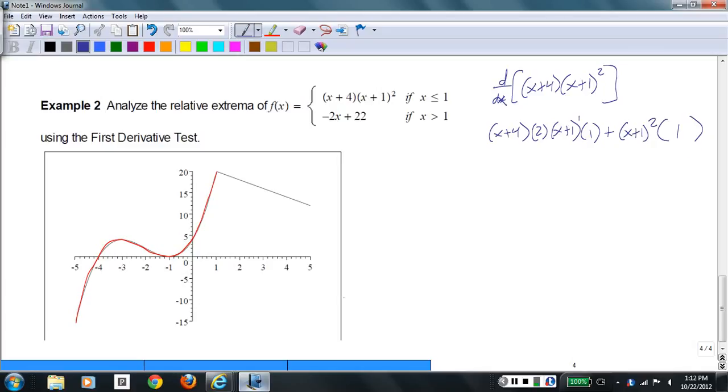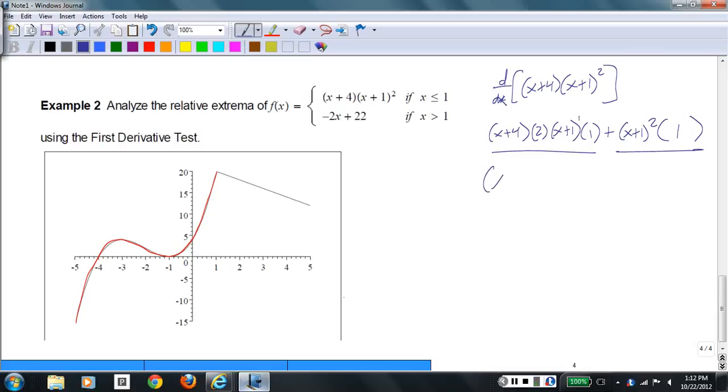Now, let's clean this up a little bit. This expression and this expression, two components of the entire derivative, each have a factor of x plus 1. So my suggestion would be, as we're cleaning this up, rather than clearing parentheses, we take advantage of the fact that we see that common factor and we factor out the x plus 1. It'll just help us with the factoring on the back end here.